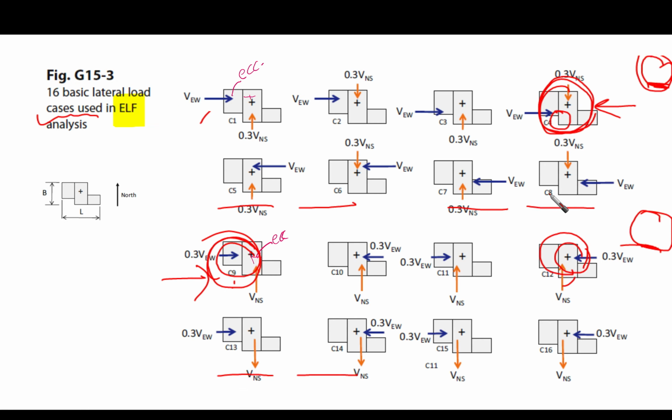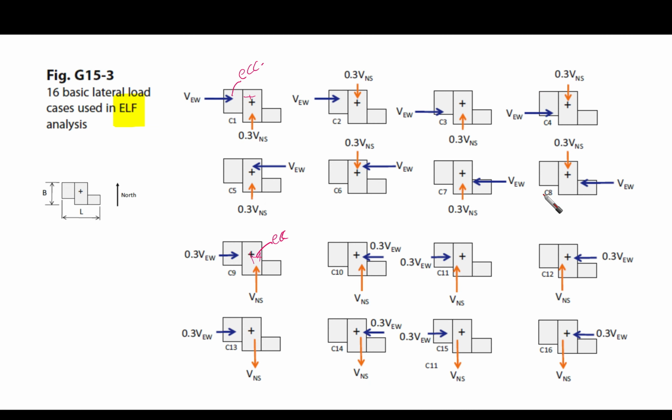Okay, now let's go to the next, which is the basic lateral load cases for equivalent lateral force. We are having 16 cases. They are easy actually, not difficult, but if we have a plan like this, we have L and we have B, and this is the north direction.